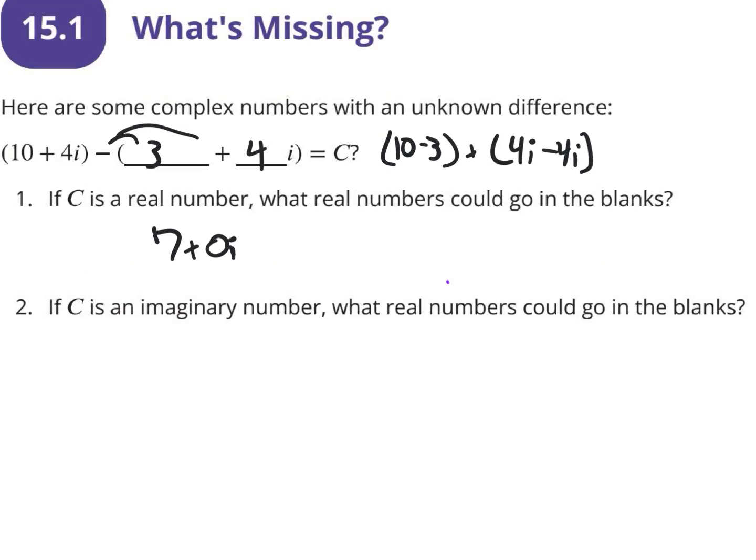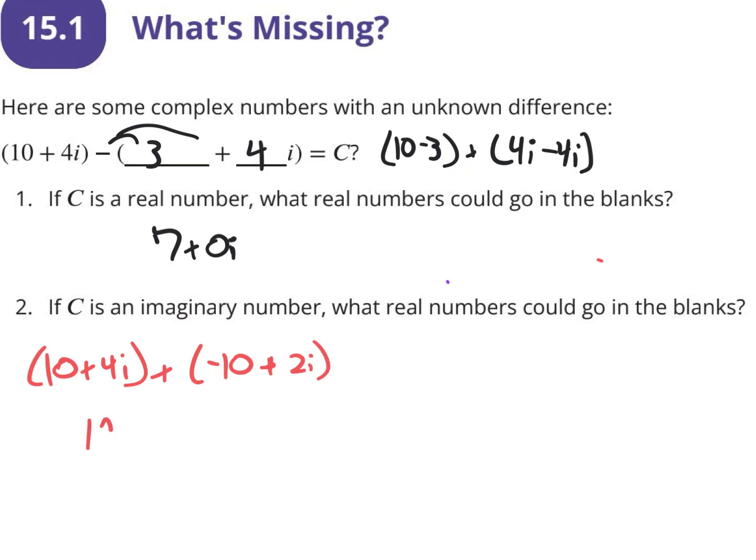Okay, so now if c is an imaginary number, I'm going to pretend that this is an imaginary number, because a complex number has a real and a non-real part. So if c is purely imaginary, which means no real part, let us do 10 plus 4i plus -10 plus 2i.